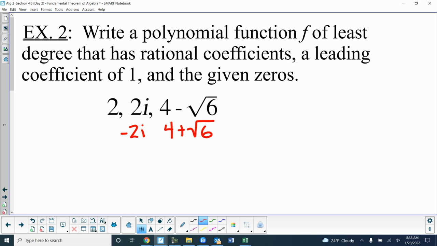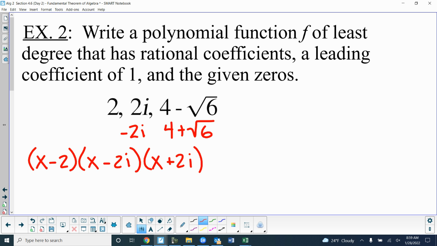All right, so again, we always start x minus. So I'm going to put the 2, and then x minus positive 2i, and x minus negative 2i. Well, again, what's minus a negative 2i? Plus, and then x minus, and you just put 4.